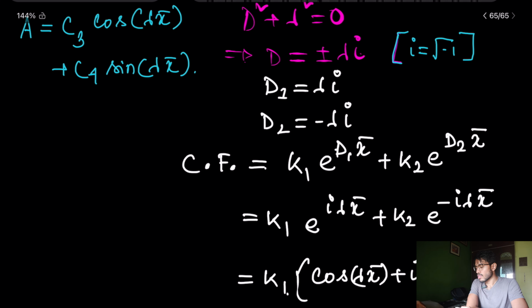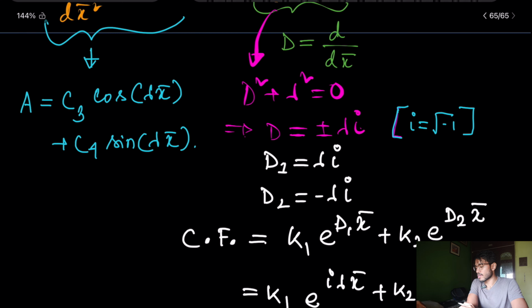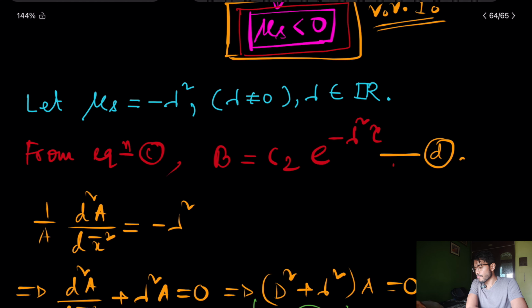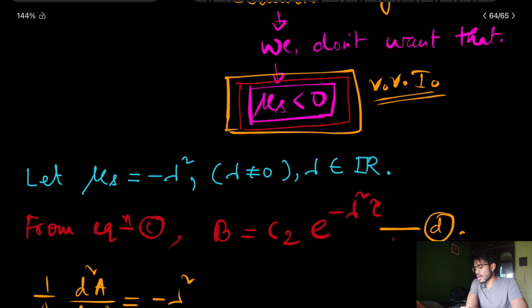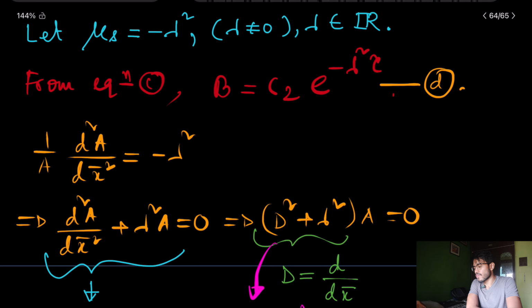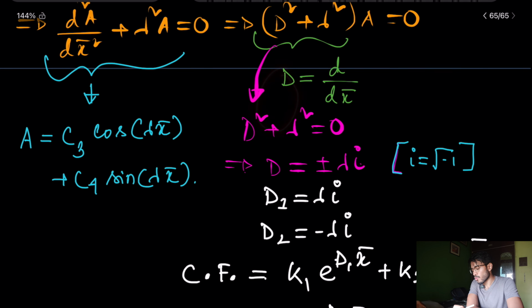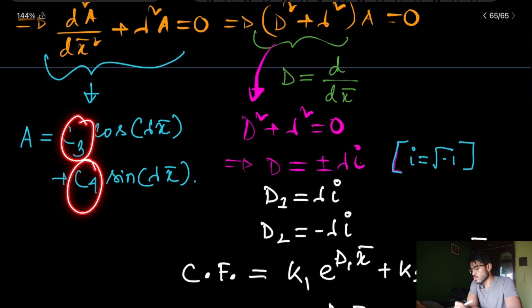Okay, so now I have got this equation. What are the unknown constants here? First of all, we don't know this λ, we don't know this C2, we don't know this C3, and we don't know this C4.